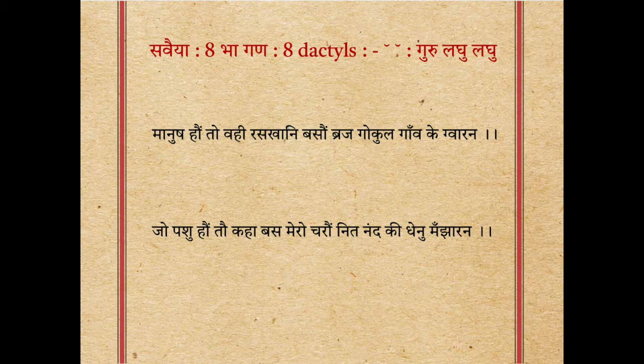Now, manusha, let's take that part. That's the first 3 syllables. Ma, guru, nu, laghu, sha, laghu. All right, so heavy, light, light. Let's see the next 3. Ho, to, va. Heavy, heavy, light. Hi, ra, sa.